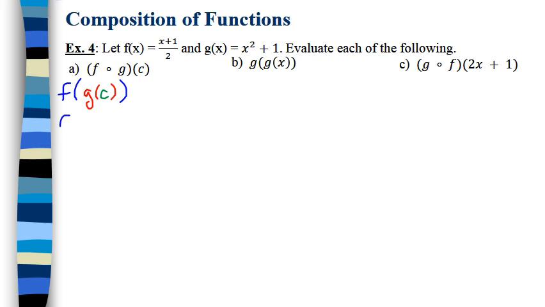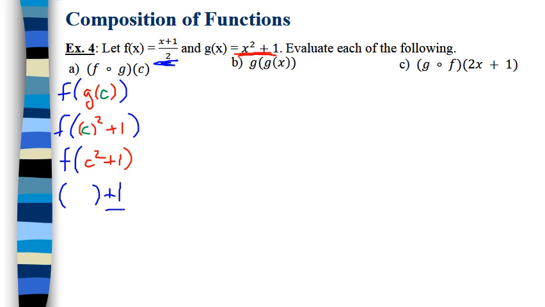So we're going to do f of, and the g function says square something and then add 1. So something squared plus 1, which of course is c. So g of c is c squared plus 1. So we're going to put c squared plus 1 into our f function. And our f function says take something, add 1, and divide by 2. So f says put your input, add 1, and divide by 2.